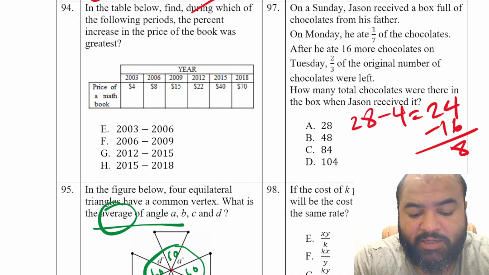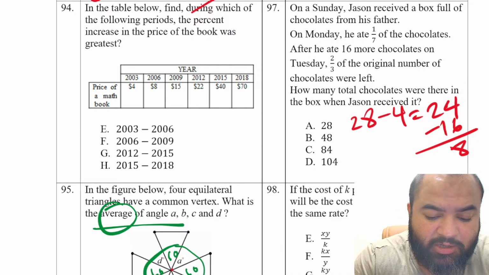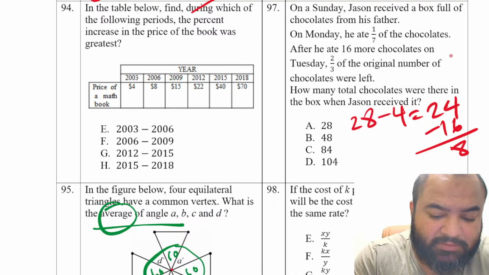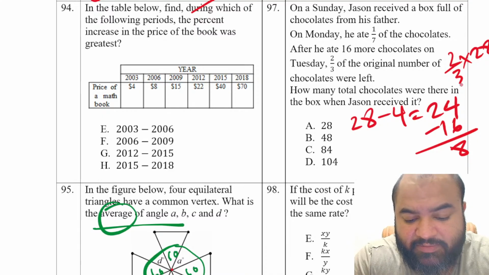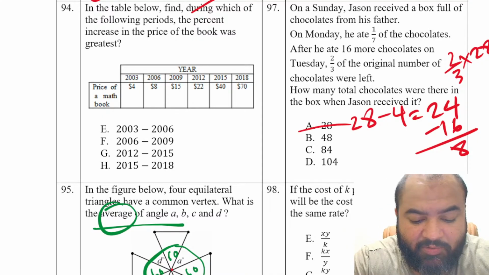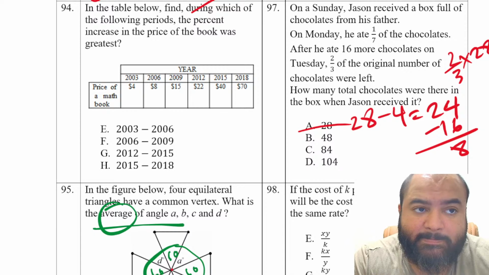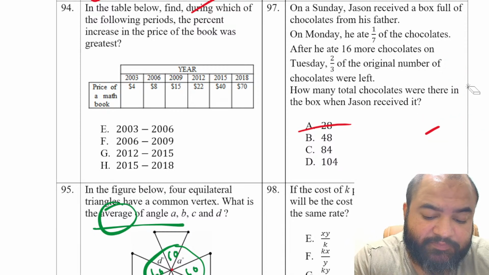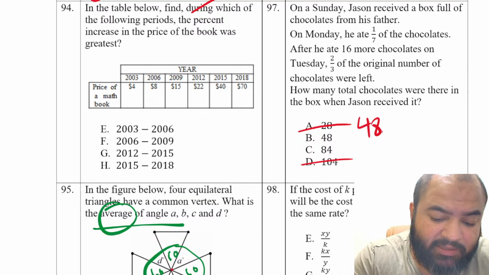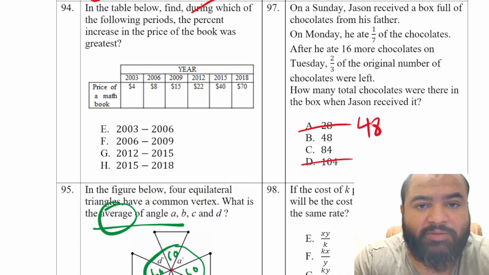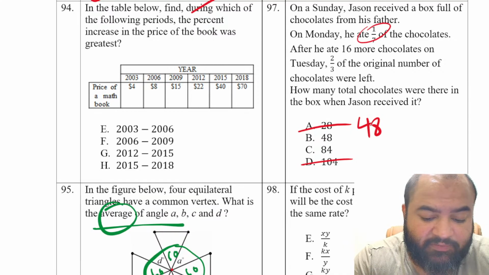Now 2/3 of the original number of chocolates were left. Is that 2/3 of 28? Well, first of all, 28 is not even divisible by 3, so we know that it is not going to work. So we try the next one. It has to be divisible by 3, and it has to be divisible by 7 as well, because 1/7 of 48 we can't. So the answer is 84, but we can try it out.